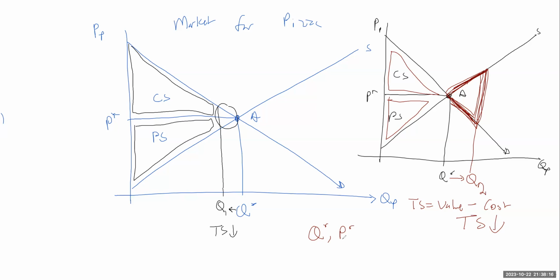We also saw that it was an efficient outcome, because the cost of the resources used exactly equals the value to the buyer. So the conclusion we wanted to get from these graphs and this analysis is that the forces of supply and demand allocate resources efficiently.